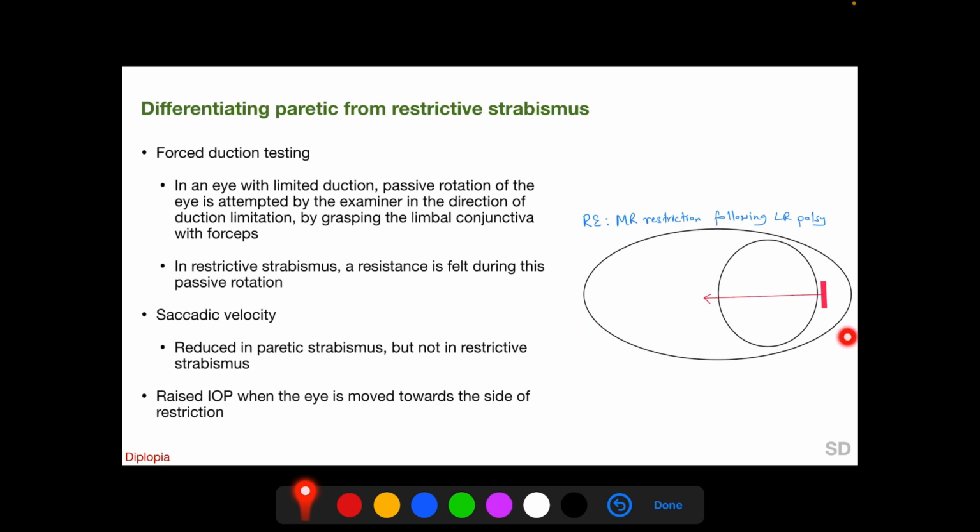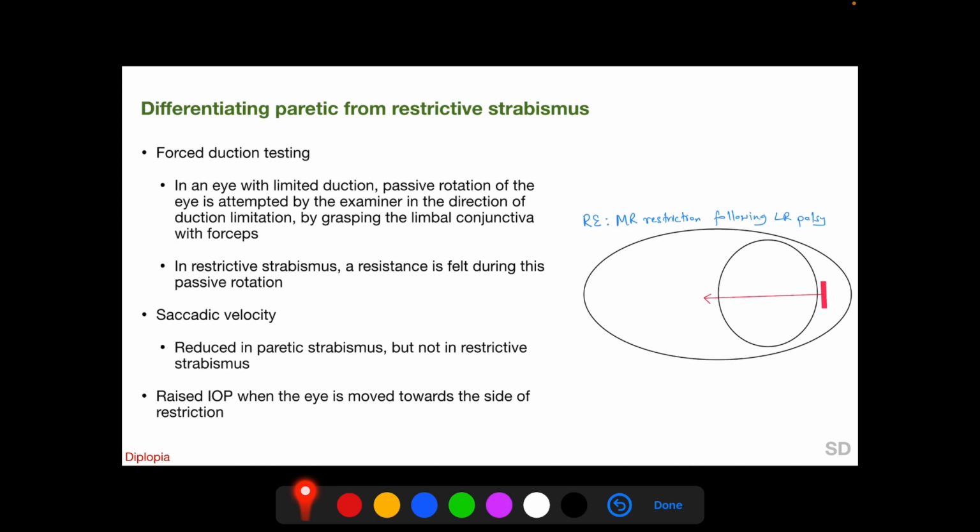Here in this diagram I show a right eye in which there is a long-standing lateral rectus palsy in which medial rectus restriction has also developed. So if the examiner holds the limbal conjunctiva in the nasal side and attempts to abduct the eye, the medial rectus will generate a resistance to this passive movement of the eye.